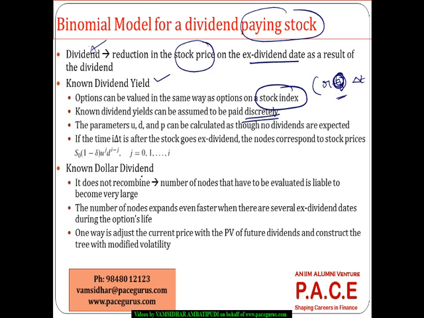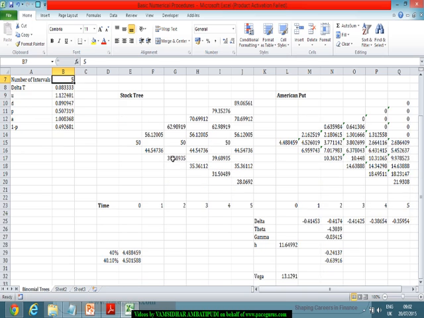on a discrete mode. Now, when I am doing this assumption of the dividend yield on the discrete mode, all I am doing is initially I calculate U, D and P without dividends, right? But at that particular point, when the stock is going ex dividend, from there I keep reducing the stock price. Up to here the stock price is fine.